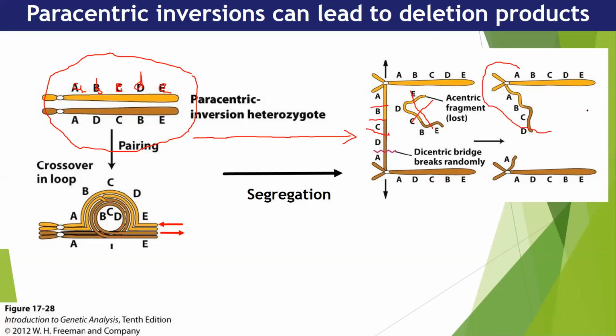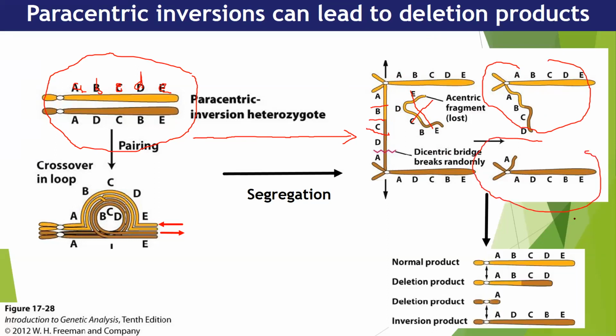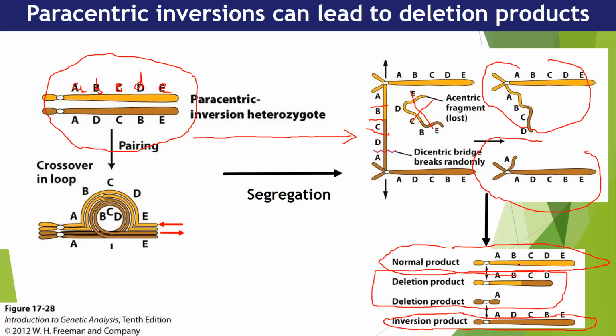Then we generate 2 chromosomes, and finally we generate the 4 gametes like this. We will have 2 gametes with the parental type, and we will have deletion products like this. So this is the key point. Once you can draw this kind of bridge structure, there will be no problem for you to answer that question.